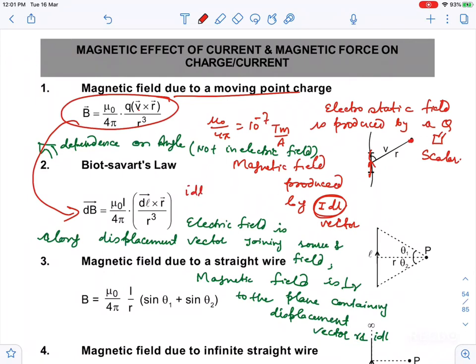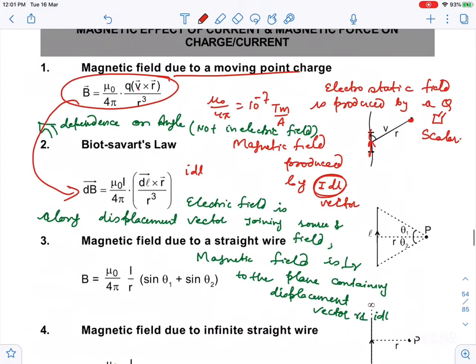So I dl cross R, I dl is current element. One thing, some points I have taken from NCERT, guys, directly I have written. When you see this formula of Biot-Savart's law, I dl cross R, you can write this as dl R sin theta. Here Biot-Savart law has an angle dependency, which is not in electric field.